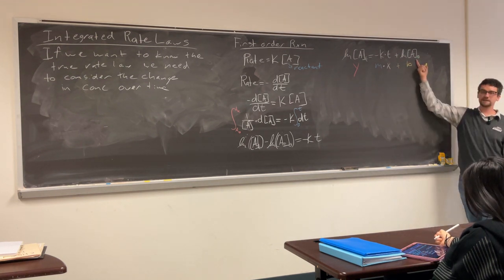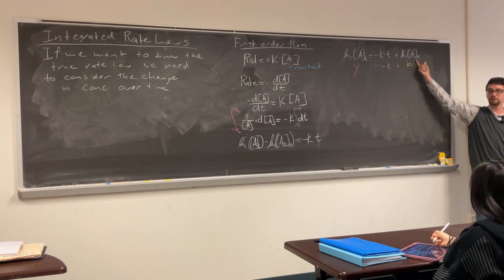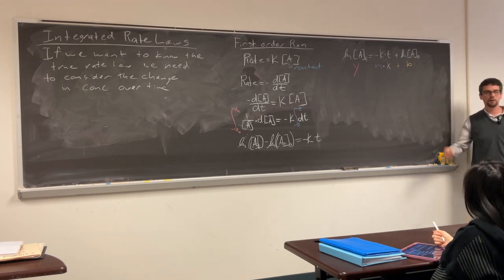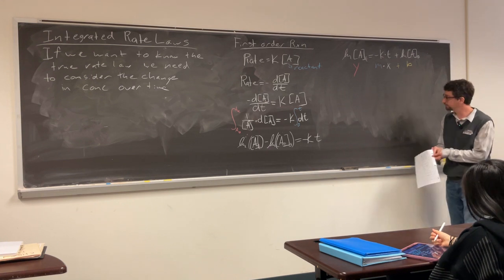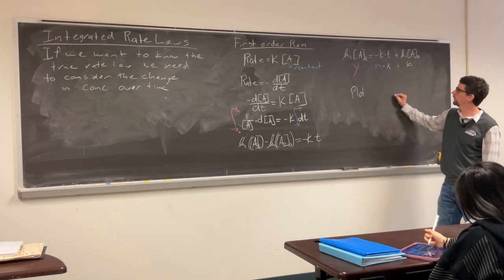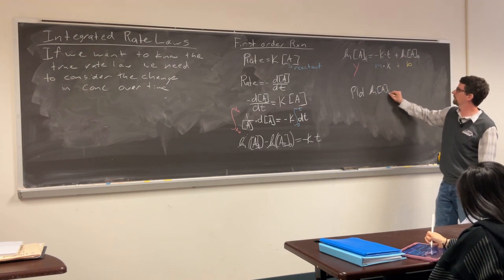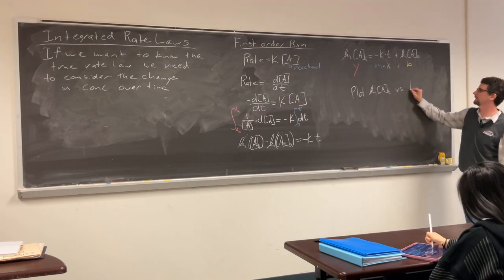Yeah. This is just a constant, right? Because it's the initial concentration we set up. We plot a line: ln of absorbance at some time versus t.